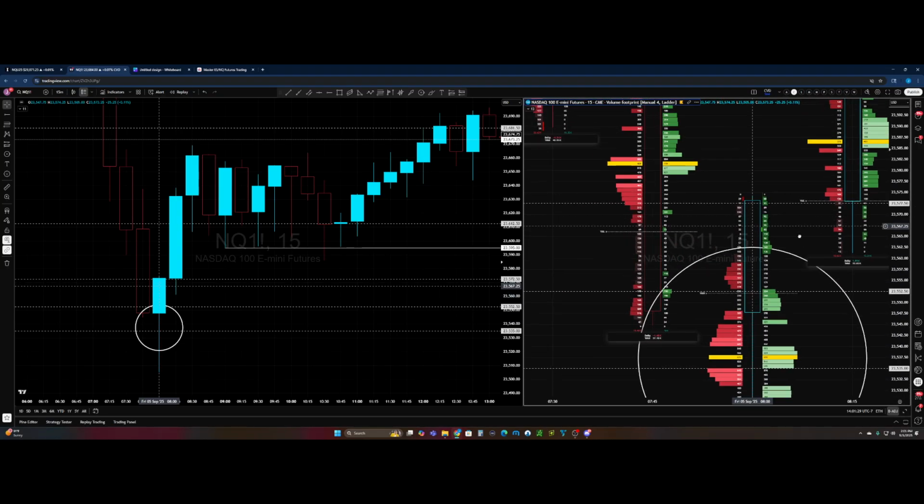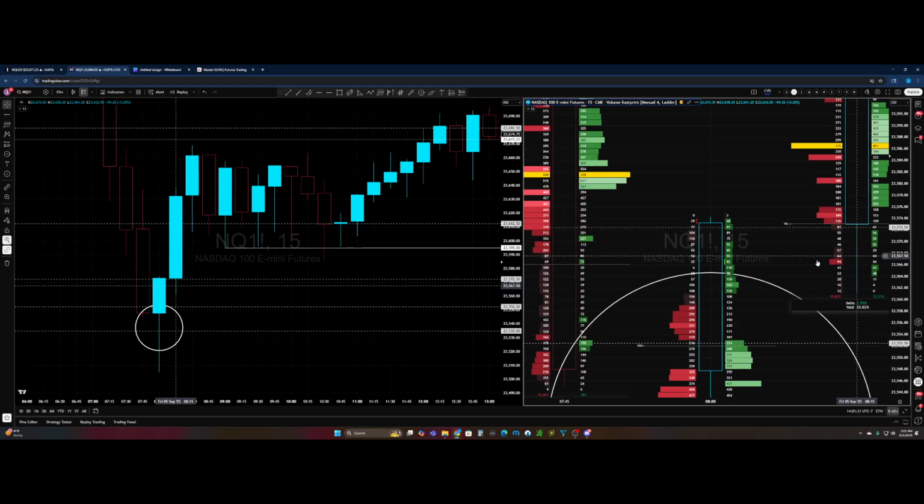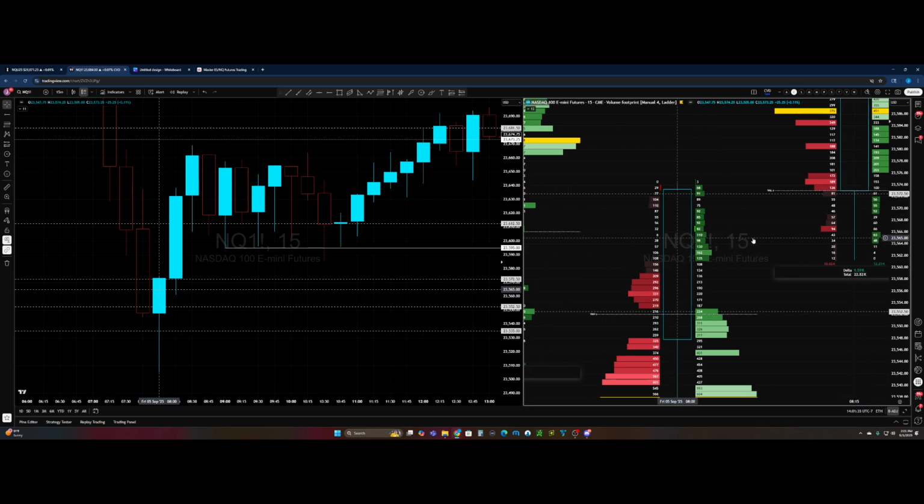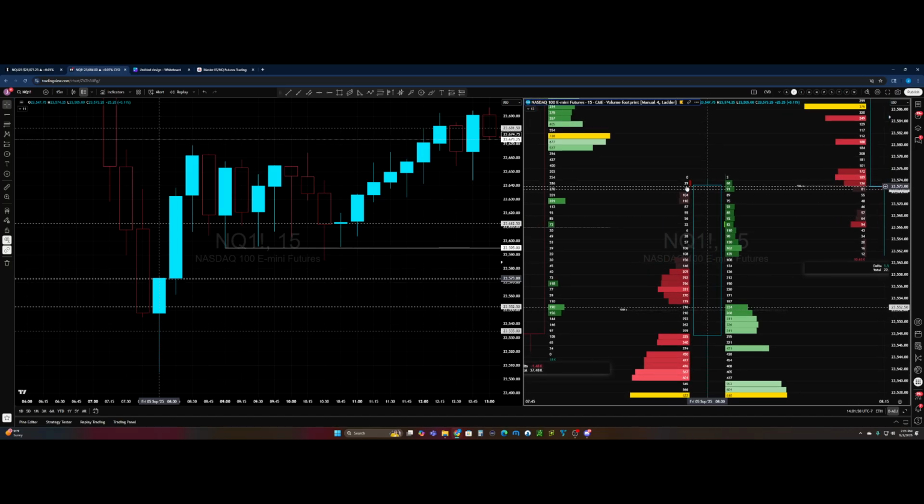One more thing before we move on to how to use it. I'm going to get rid of this. On this chart, you're able to add imbalances, depending on the settings that you choose. You will see on the left-hand side a red bar noting a sell imbalance.